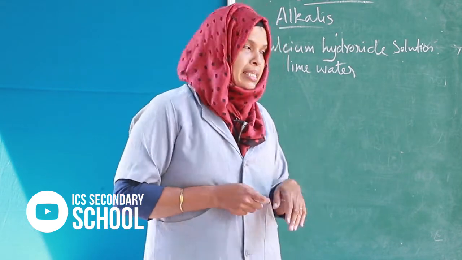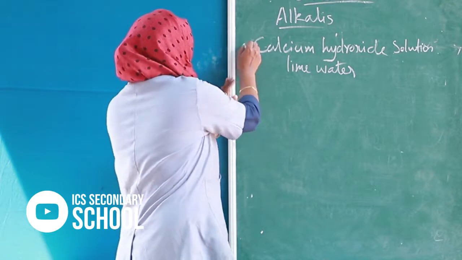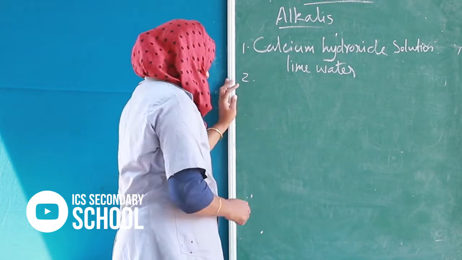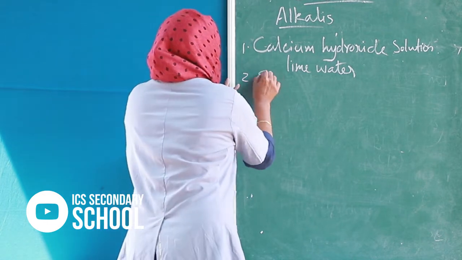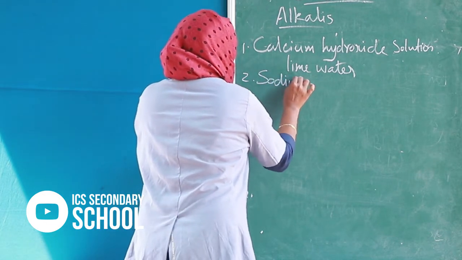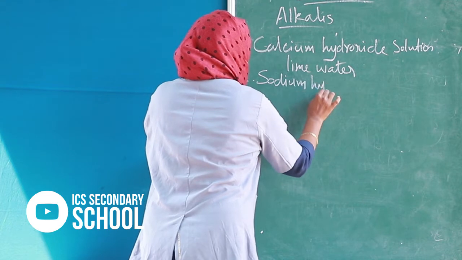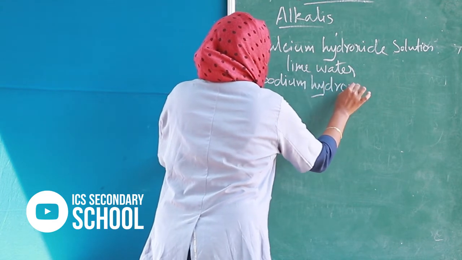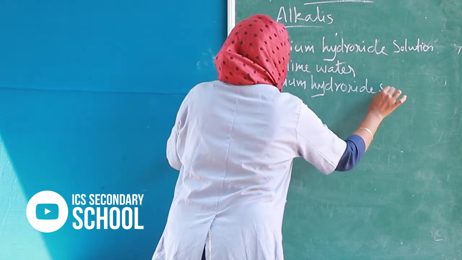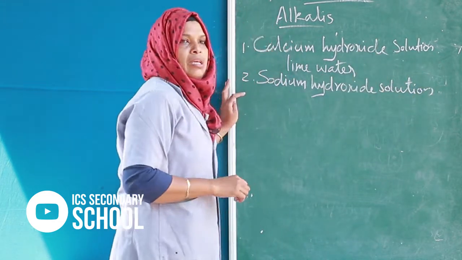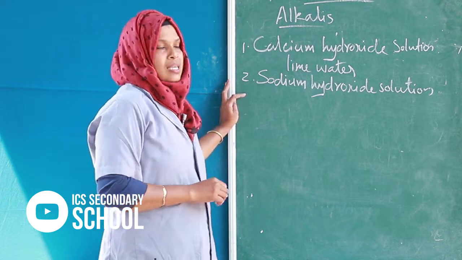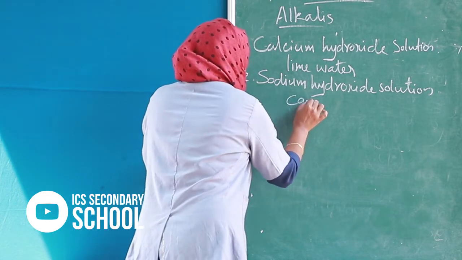Then the next chemical compound, the second one, is sodium hydroxide solution, and its common name is caustic soda.